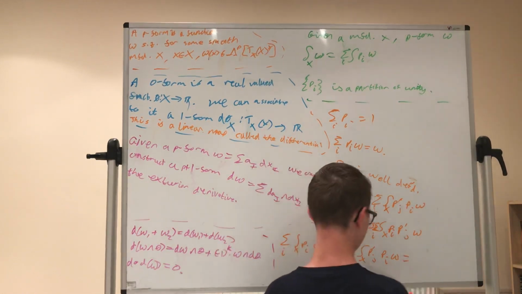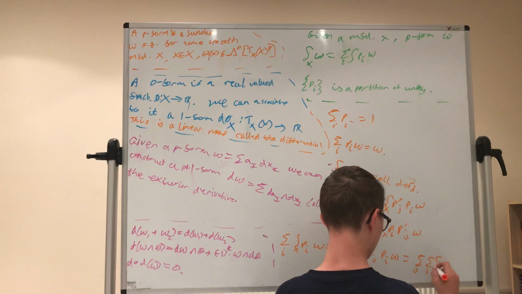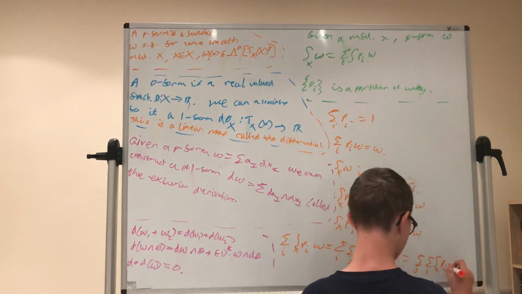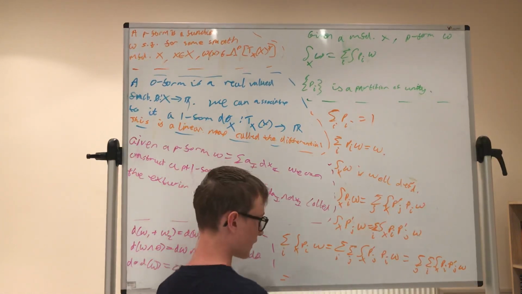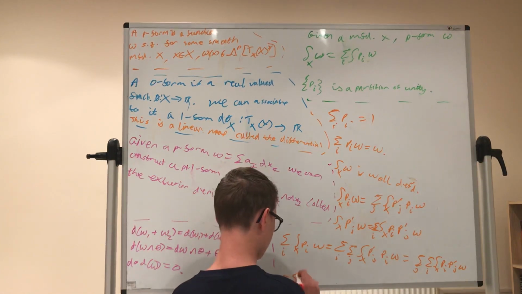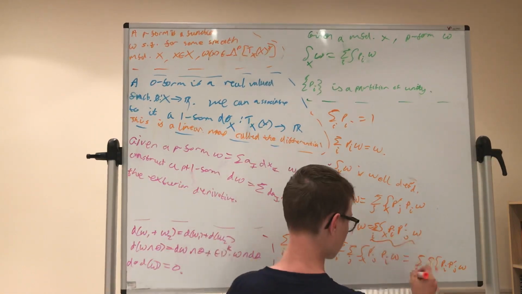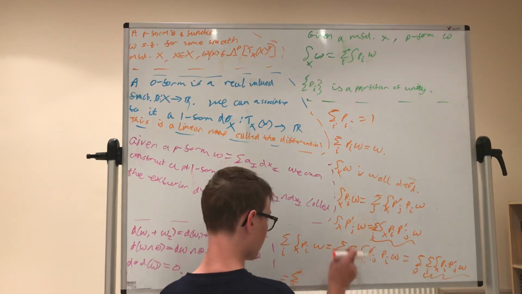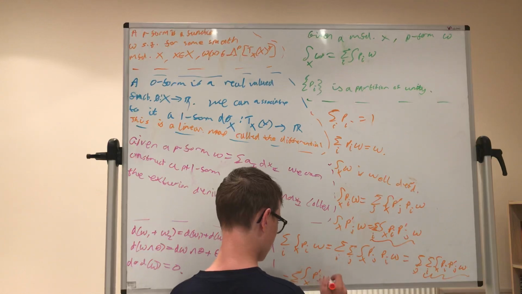And this is equal to the sum over j of the sum over i of the integral over X, and then we flip these two around, so we're going to get p prime j omega, and this completes the proof because this is equal to the sum over j of the integral over X of p prime j omega.